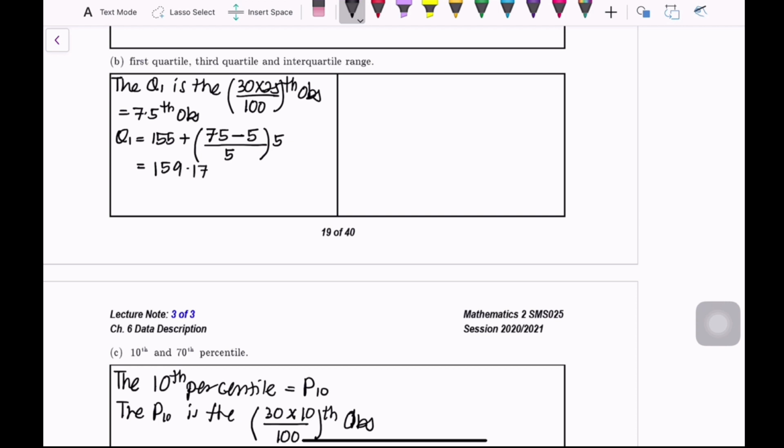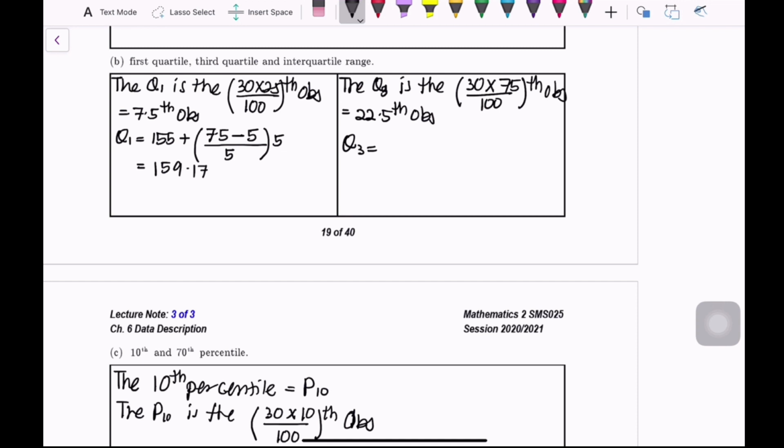Then for Q3, it is 30 times 75 over 100 observation, which is equal to 22.5 observation.